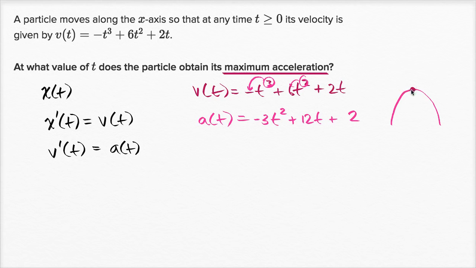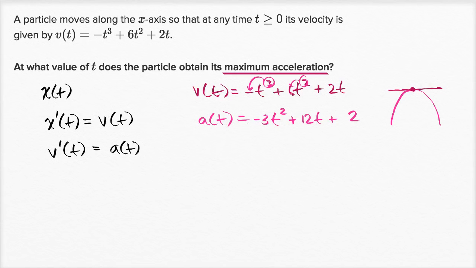Well, that maximum value is going to happen when the slope of its tangent line is equal to 0. And we could also verify that it is concave downwards at that point using the second derivative test, by showing that the second derivative is negative there. So let's do that. Let's look at the first and second derivatives of our acceleration function.